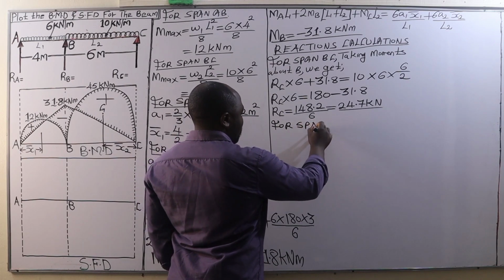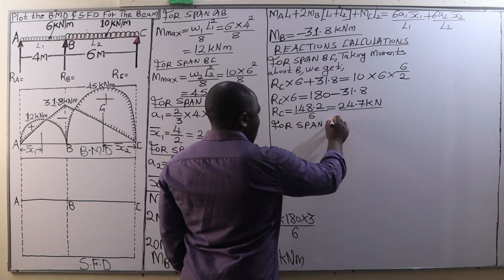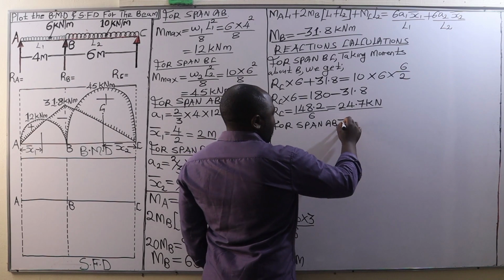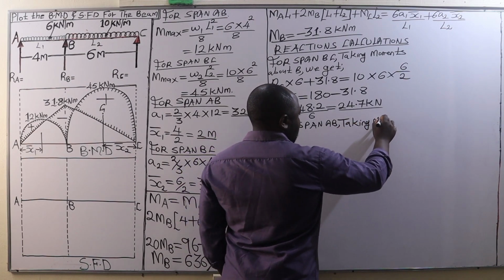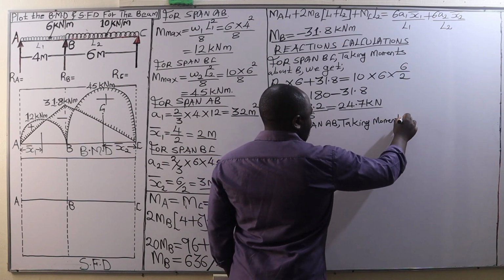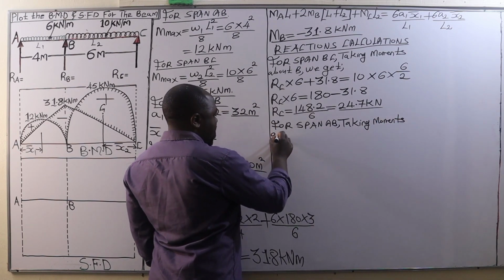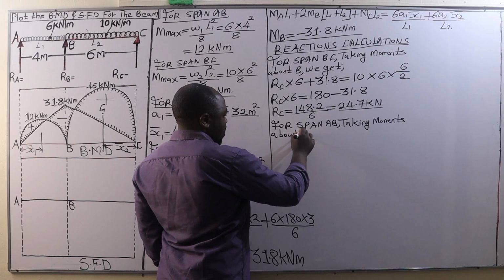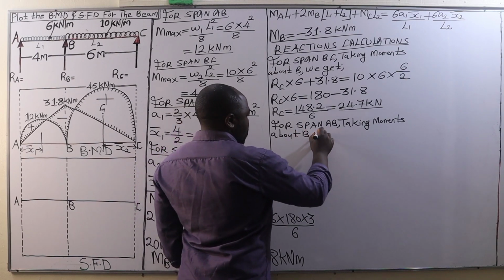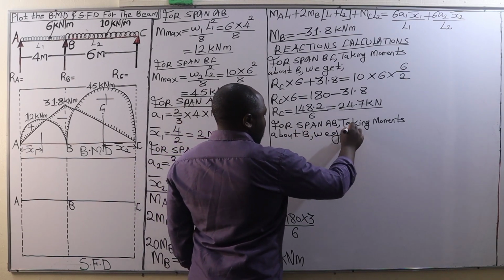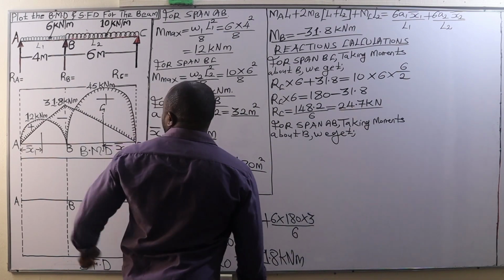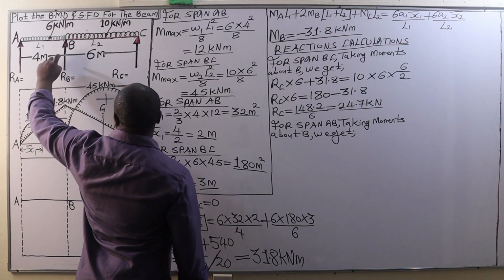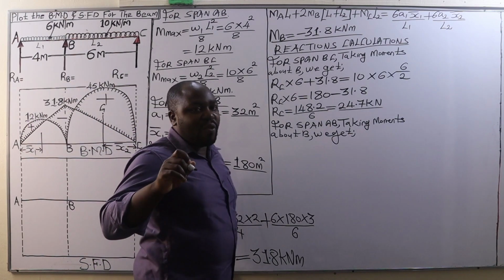From there, we go to the span AB, and here we say for span A to B, taking moments about B as well, we are going to get RA times 4, that is a clockwise moment.